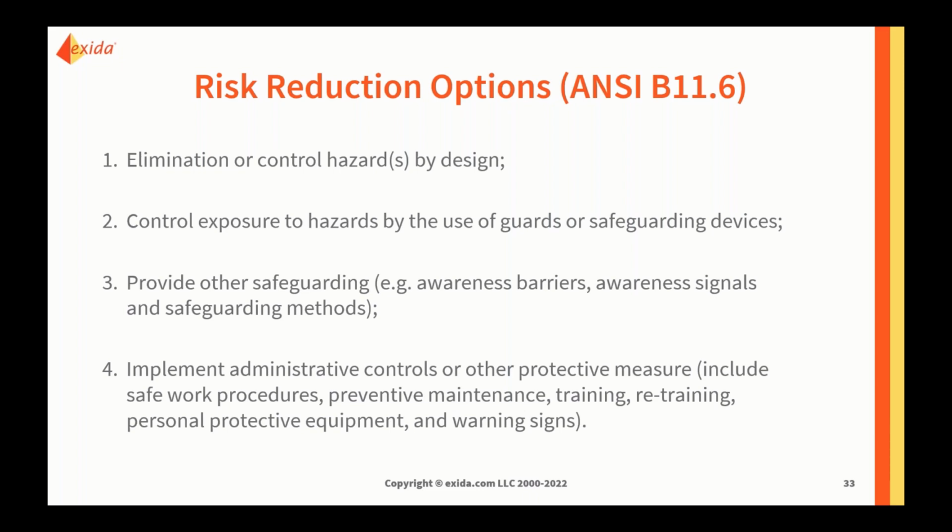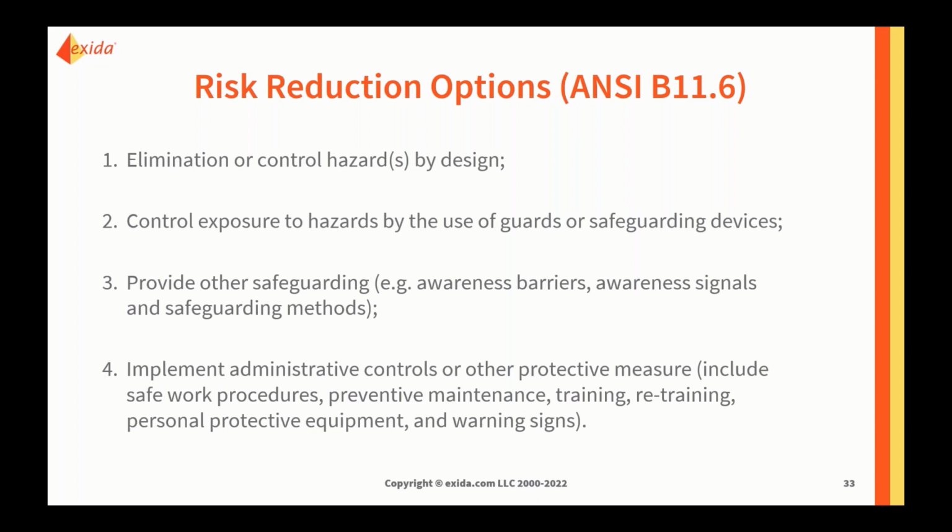Then, second in the hierarchy, we often have guards or passive safeguarding devices, and this can also be considered in our layer of protection analysis. Moving further down the list, active safeguards, safety instrumented functions, and things along those lines sitting in the level 3 option.